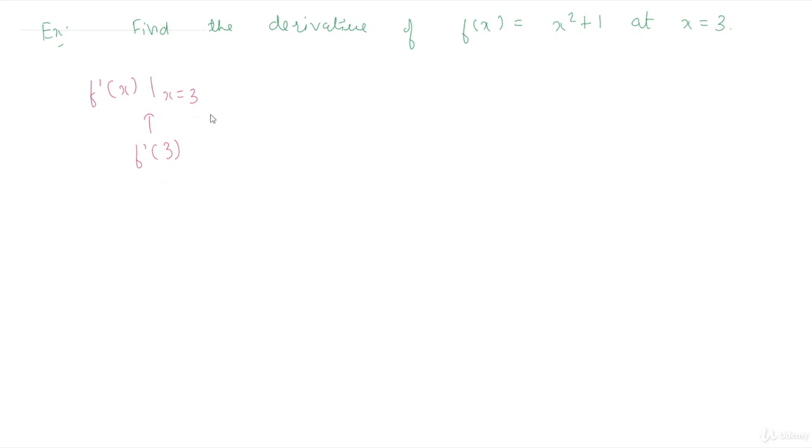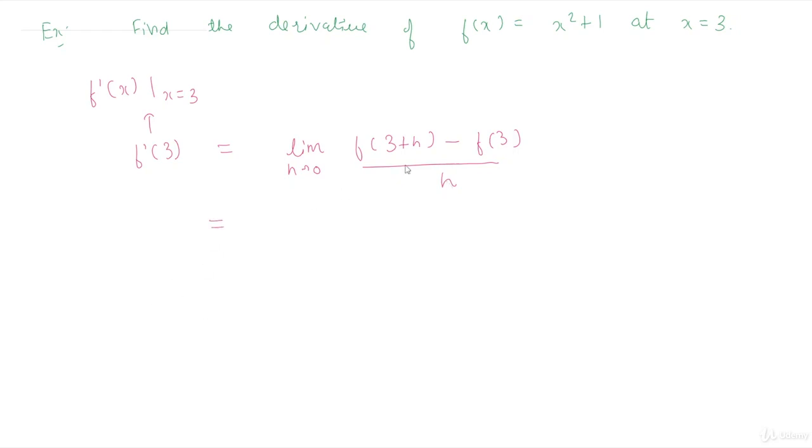So f prime 3 will be equal to the limit h approaches 0, since we are taking an interval very close to 0, of f of a plus h minus f of 3 over a plus h minus a, which is h, right?